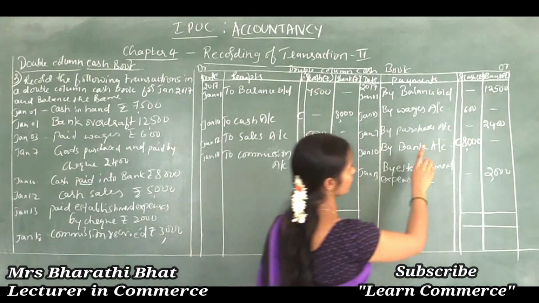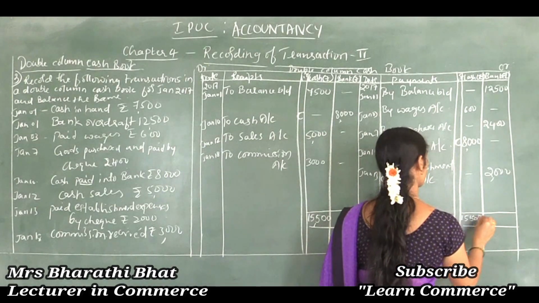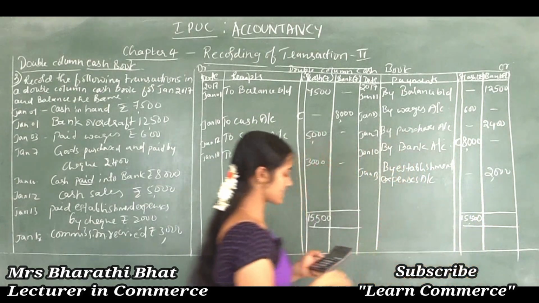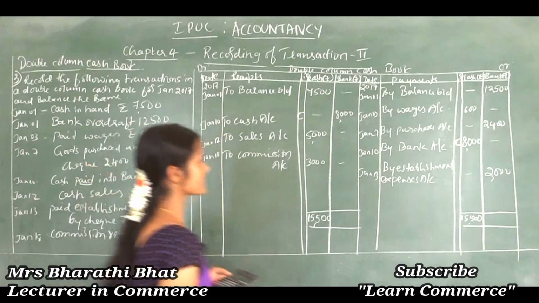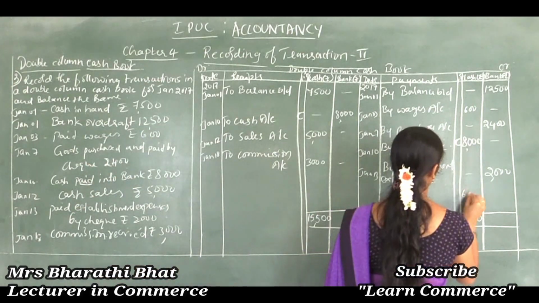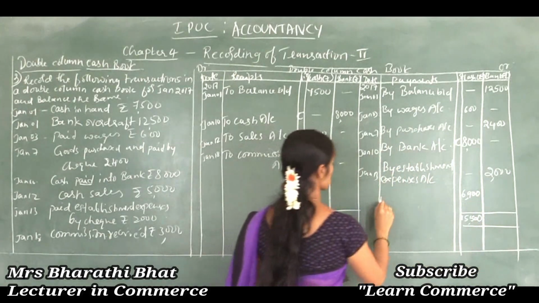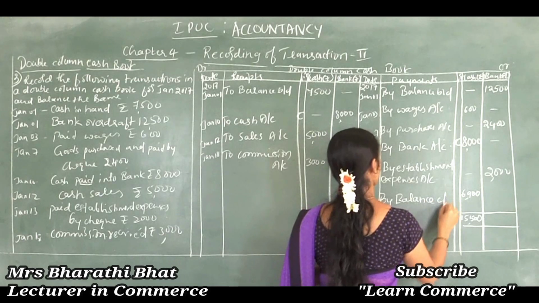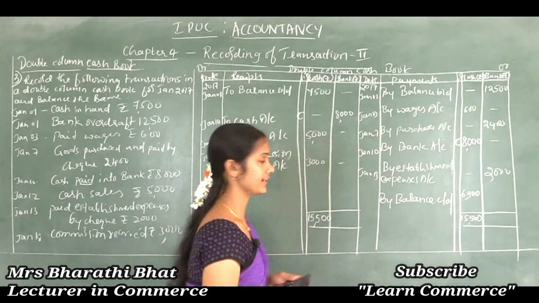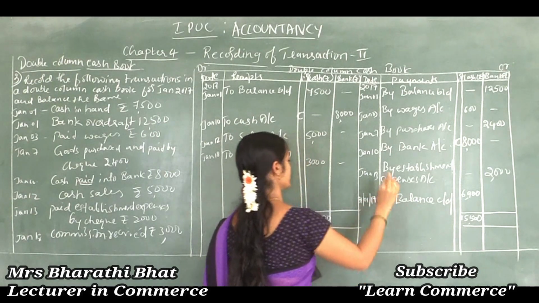This side only has 8,600. So the greater amount is 15,500, less 8,600, 6,900. What is this? That is by balance carried down, date 31st January 17.